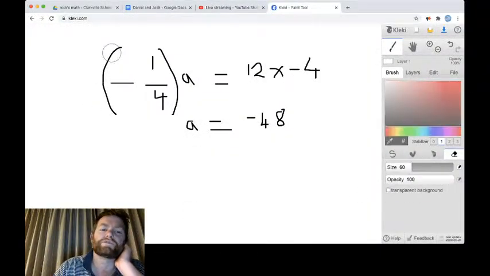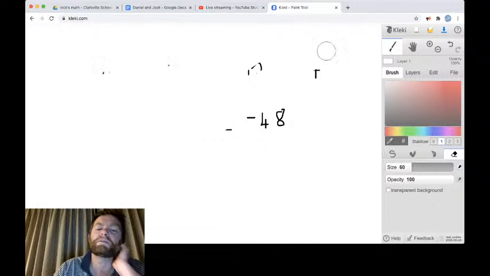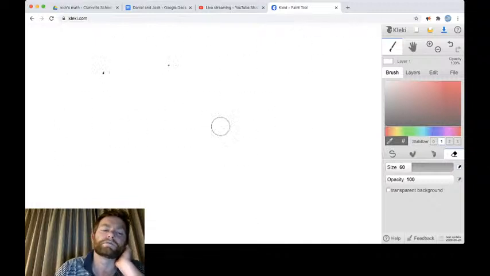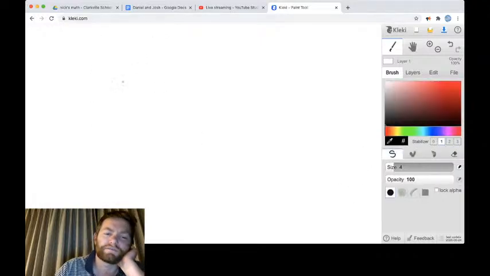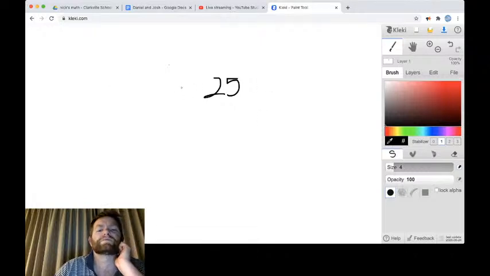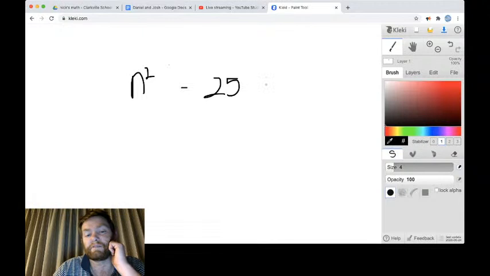It's saying the number multiplied by itself equals 30. I'm not going to do that exact one, I'll do one with 25. N squared, take away 25 equals 11.